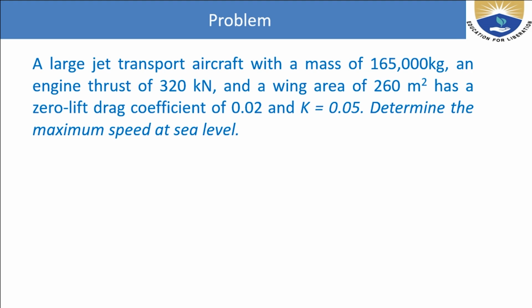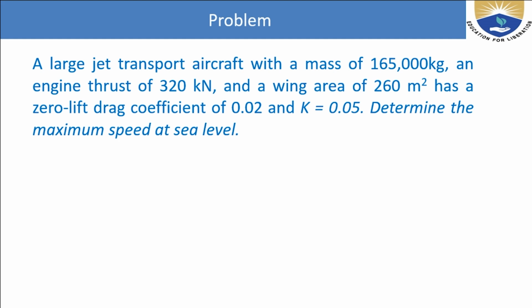Problem number 2. A large jet transport aircraft with a mass of 165,000 kg, an engine thrust of 320 kilonewton, and a wing area of 260 meter square has a zero lift drag coefficient of 0.02 and K is given as 0.05.